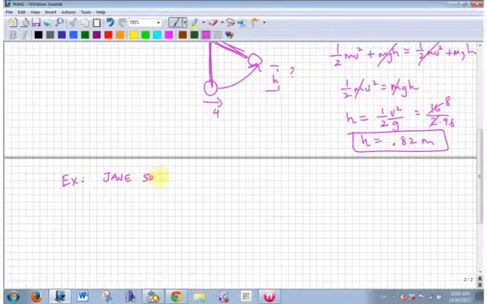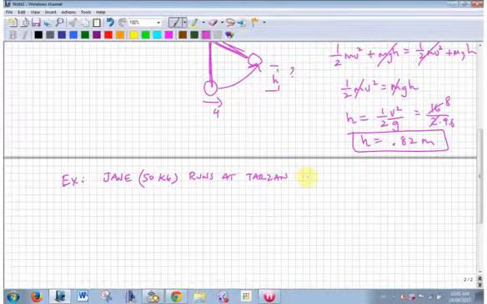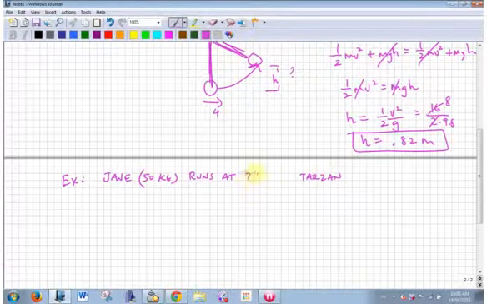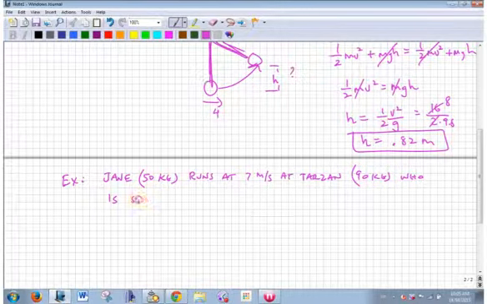Jane, 50 kilograms, runs at 7 meters a second at Tarzan, 90 kilograms, who is standing at a vine.